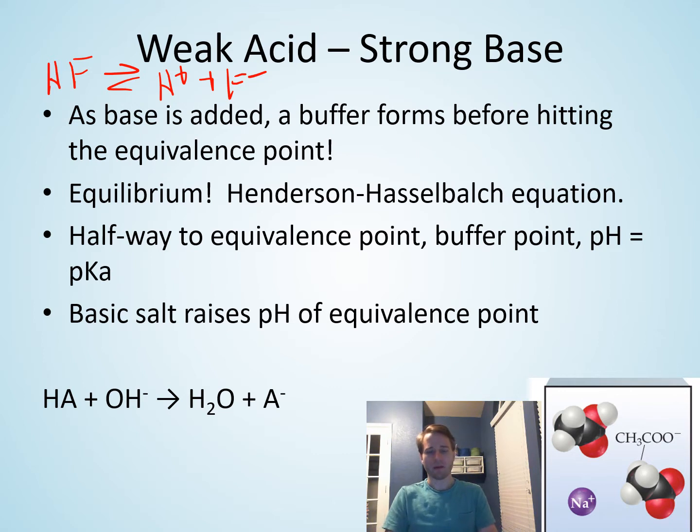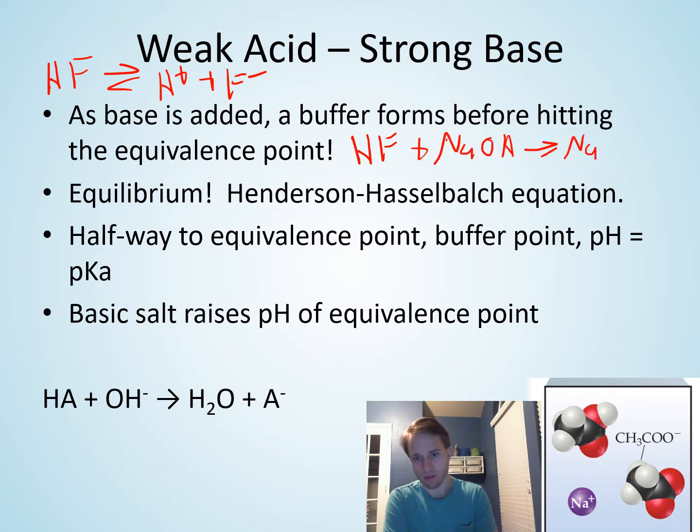Now, if I add some strong base to that solution, that base will react with HF. With the addition of strong base, I'll have HF reacting with, say, sodium hydroxide, to form NaF plus H2O. That's the reaction that's going to occur. And that NaF, sodium is just a spectator ion.